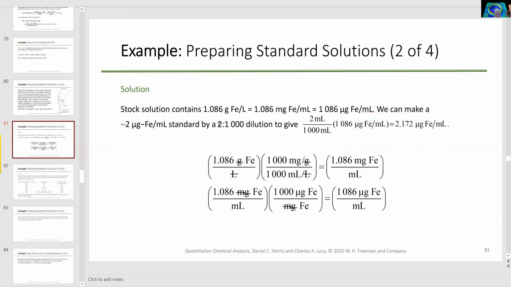So the way to do that is to take however many mils and dilute them to a liter, right? That's one way of doing this.